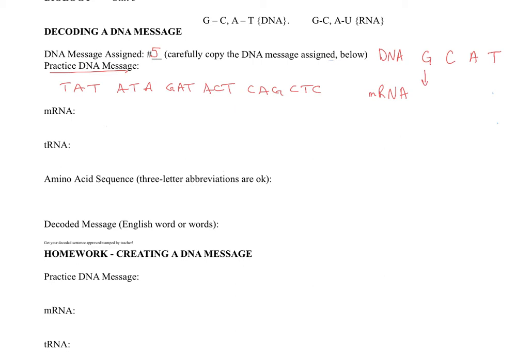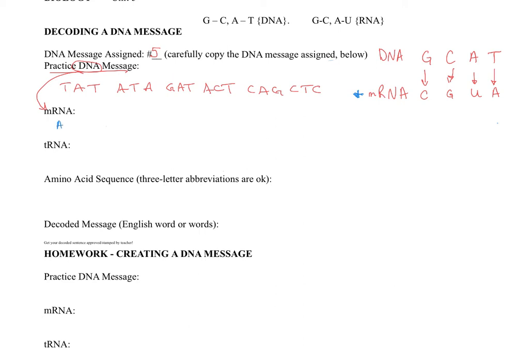And when we translate from DNA to RNA, we translate that message from G to C, C to G, A to U, and T to A. So, if we're going to go from DNA to mRNA now, we are going to do it following this decoder.